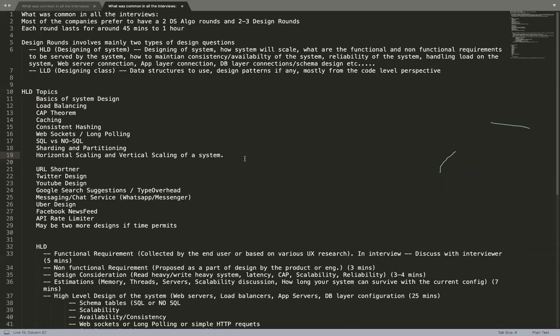In interviews, freshers generally aren't asked design questions, but as soon as you have 1 or 2+ years of experience, this is a very important part, because even in DSA questions, sometimes they expect you to come up with a solution where you consider all these parameters.